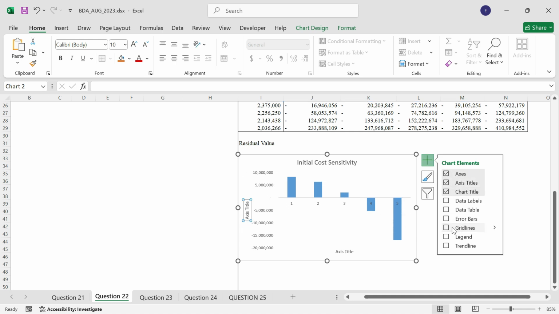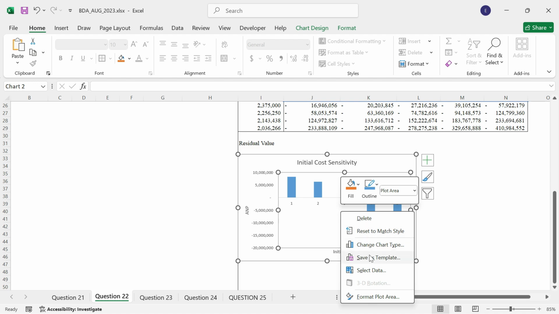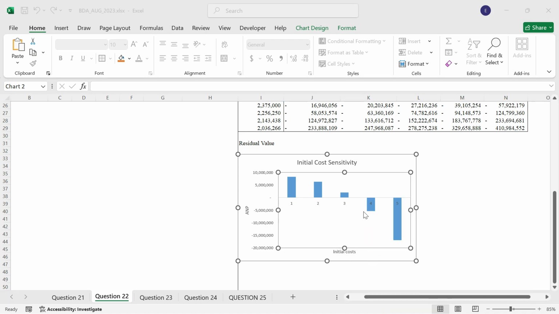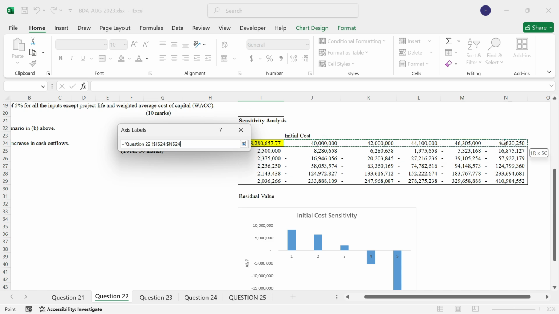You won't have titles, no gridlines. These are my NPV amounts, and these are my initial costs, which I can pick out as my values here.